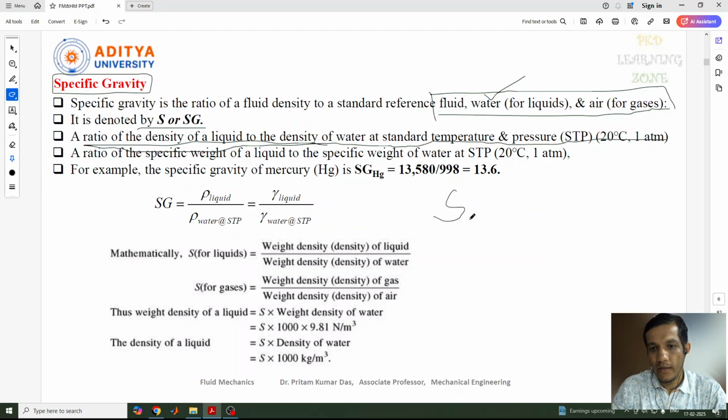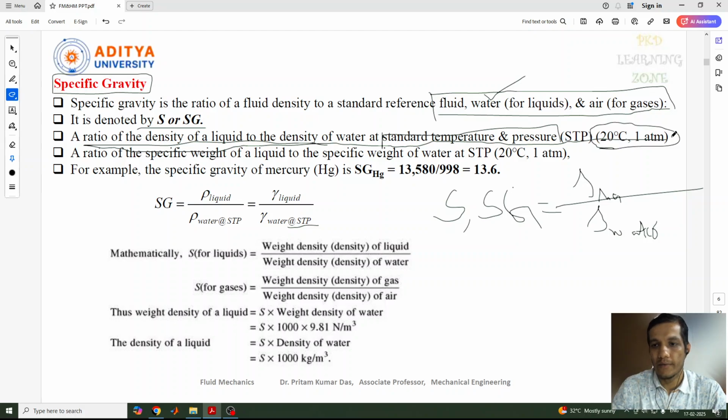So this is equal to the density of liquid divided by the density of water, the standard liquid. And the standard liquid also needs to be considered at its standard temperature and pressure, that means at 20 degrees centigrade and 1 atmospheric bar pressure.